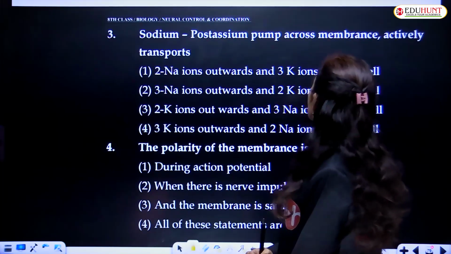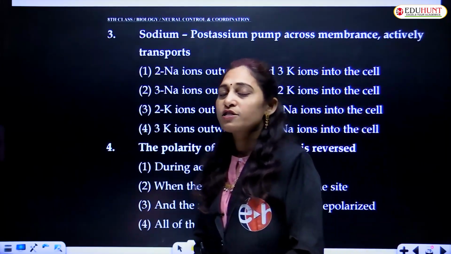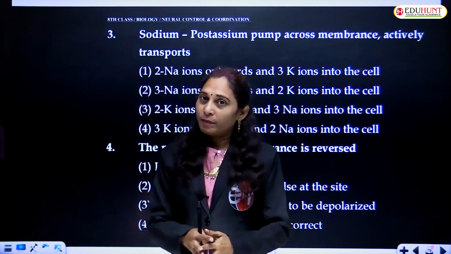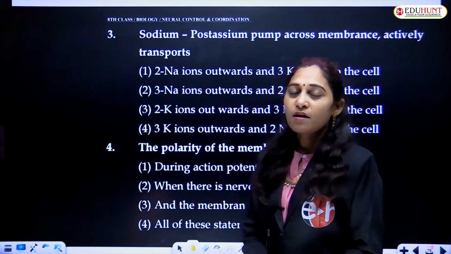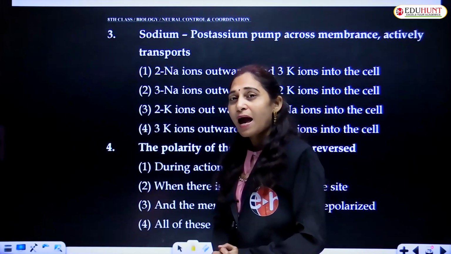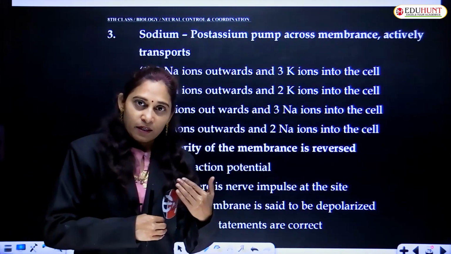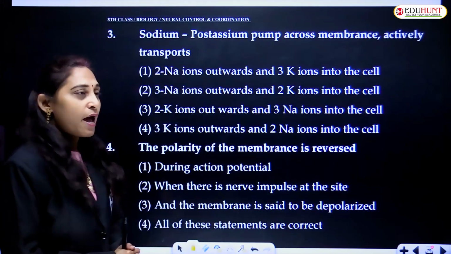Sodium-potassium pump across the membrane actively transports. Sodium-potassium pumps and gates are present on the neural membrane. These pumps are actively involved in exchanging the ions, the cations and anions.